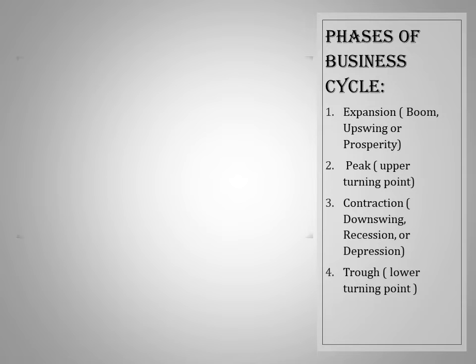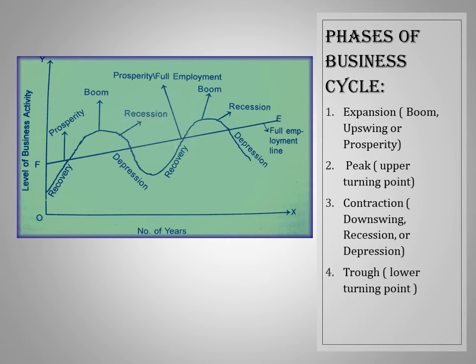Now we'll be discussing various other phases. Basically, there are four phases of the business cycle, two of which we read in the previous slide. In the expansion phase, the economy starts here, which is also known as the phase of boom. Then it reaches the phase of peak, also known as the upper turning point of the economy.